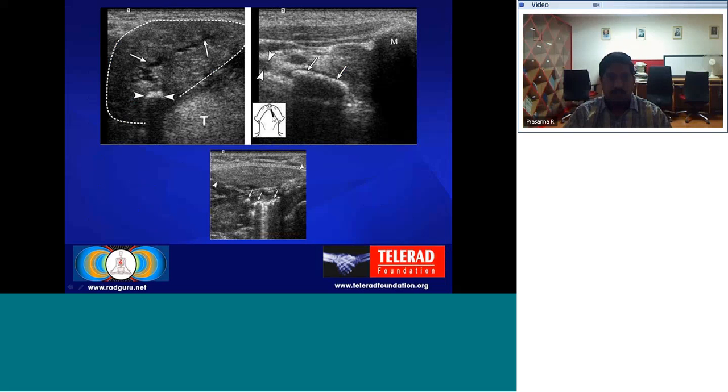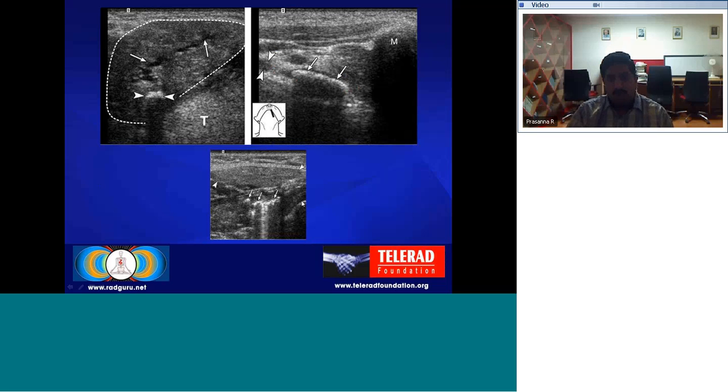This is the left submandibular gland, where we see that the gland is hypoechoic and heterogeneous because of the inflammation. That's the calculus and the dilated duct there. Then the transverse image clearly depicts a large calculus with the dilated duct.